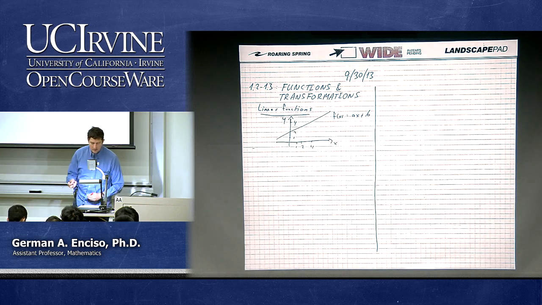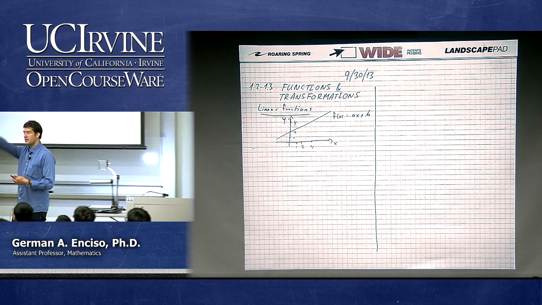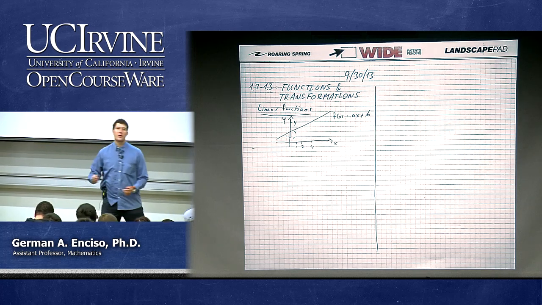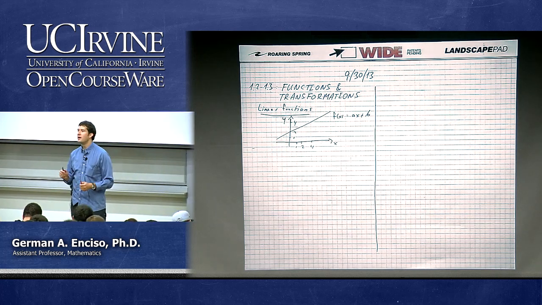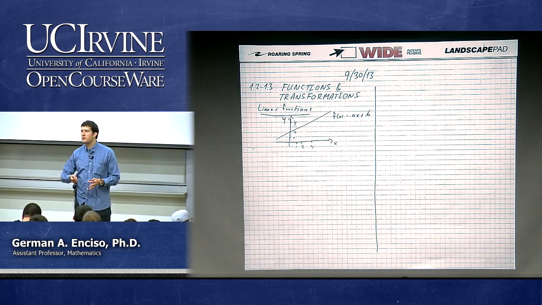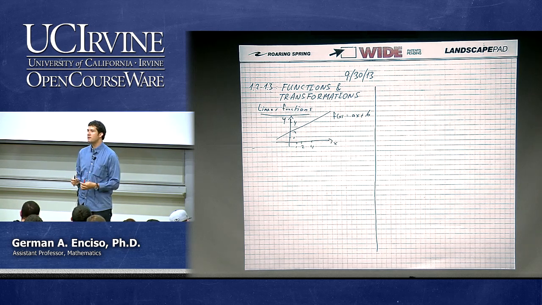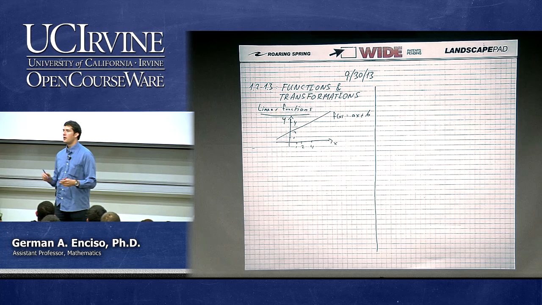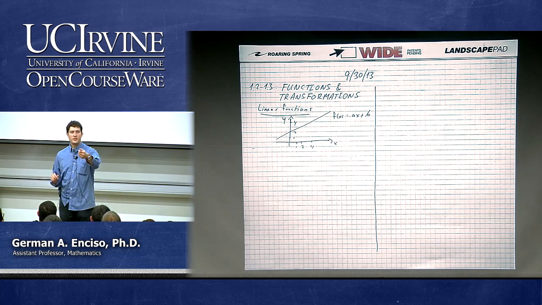So who can tell me what b would be in this case? Yes? 2. Okay, great. Why is that? Because it's the y-intercept. If you didn't know about the y-intercept, how can you figure it out from what we said in the class before? If you didn't know that as a rule, how would you figure it out? Exactly.